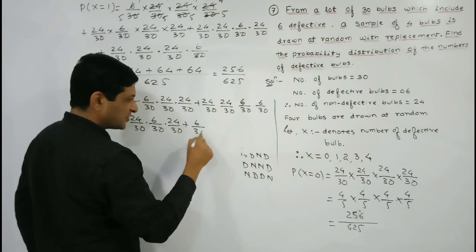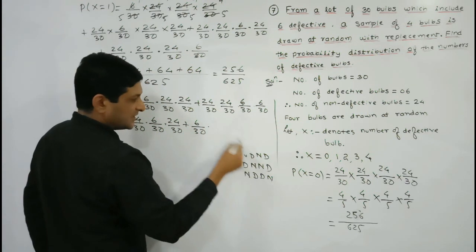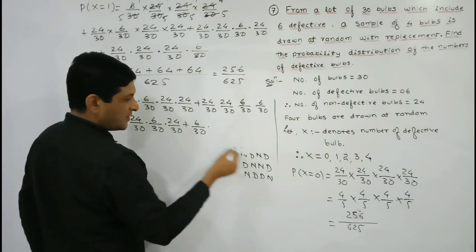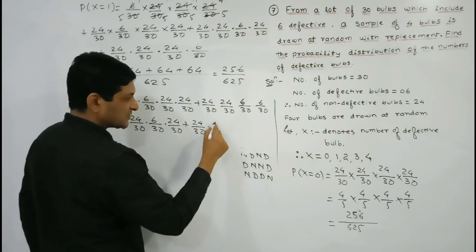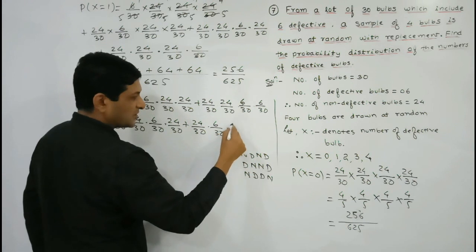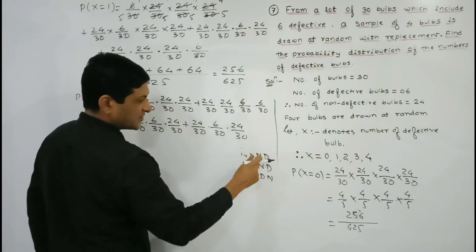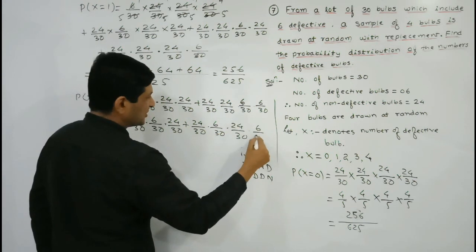Non-defective means 6 by 30 into non-defective means 24 by 30, then 6 by 30, then 24 by 30.